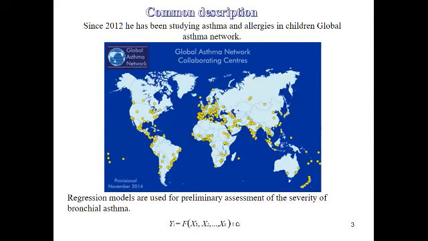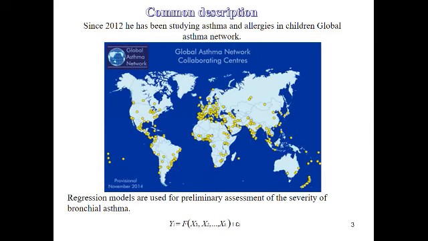Despite similar symptoms of bronchial asthma among patients, the result of treatment and further prognosis of the disease is very different. Investigations have confirmed the presence of various phenotypes of the disease and the influence of a huge number of factors on the occurrence of bronchial asthma and peculiarities of its course. In this regard, the issue of choosing factors to obtain satisfactory accuracy, and what types of models should be used, is relevant.